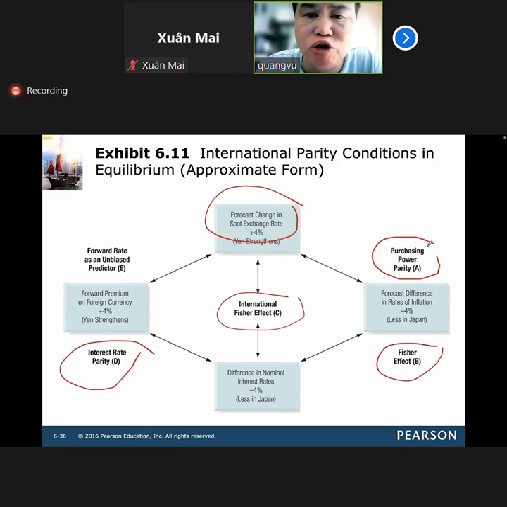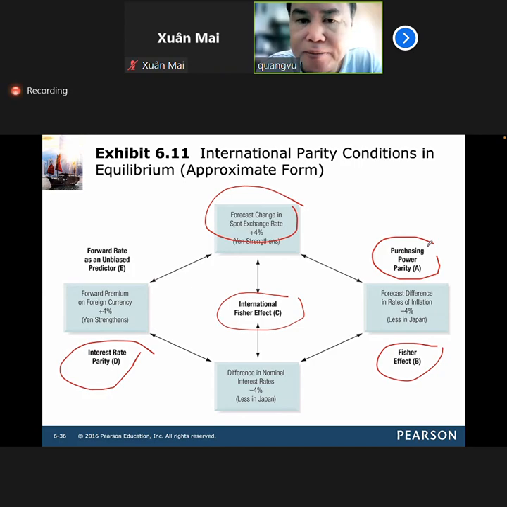Otherwise, an arbitrage opportunity exists. If, at a given point in time, you observe identical products sold in two different markets at different prices, then an arbitrage opportunity exists, and investors or arbitragers in the markets quickly exploit that profit opportunity.